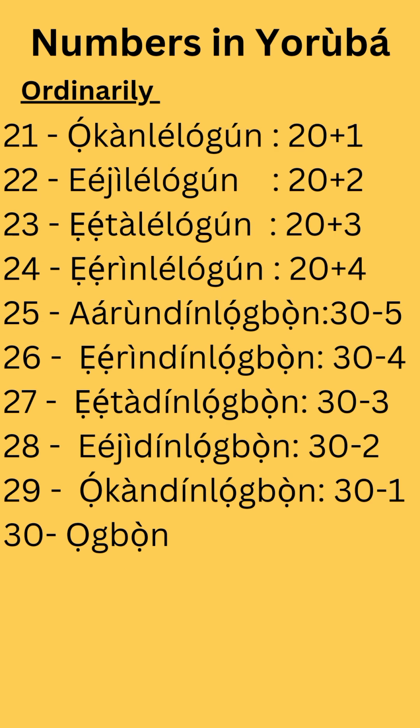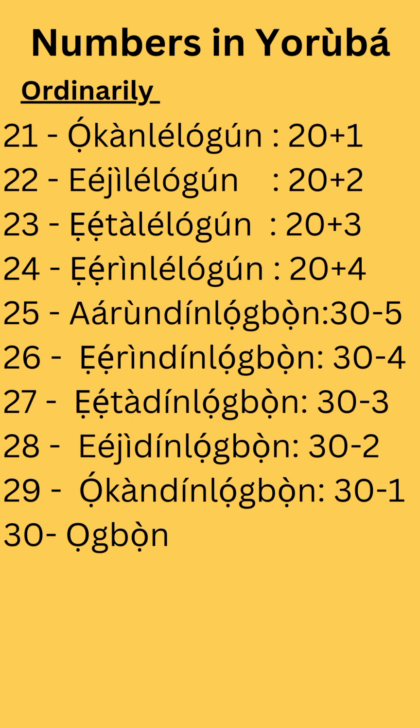21 is ọ̀kànlélógún, 22 èjìlélógún, 23 ẹ̀ẹ́tàlélógún, 24 ẹ̀rìnlélógún, 25 àrùndínlọ́gbọ̀n, 26 ẹ̀rìndínlọ́gbọ̀n, 27 ẹ̀ẹ́tàdínlọ́gbọ̀n, 28 èjìdínlọ́gbọ̀n, 29 ọ̀kàndínlọ́gbọ̀n, 30 ọgbọ̀n. Please take note that when you are adding from the last rounded number, you add 1, ọ̀kànlélógún, 22, you add 2, èjìlélógún, 23, you add 3, ẹ̀ẹ́tàlélógún, 24, you add 4, ẹ̀rìnlélógún.